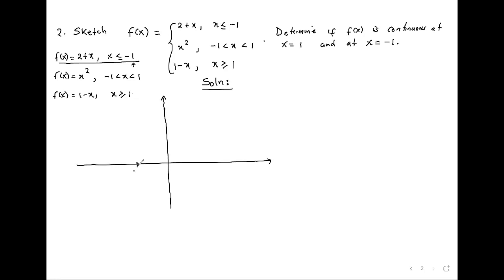So we'll start from -1. What is f of -1? F of -1 in that function is 2 minus 1, which is 1. So we get 1. And put a closed point here because the point is included.